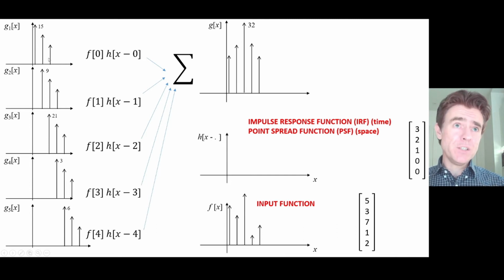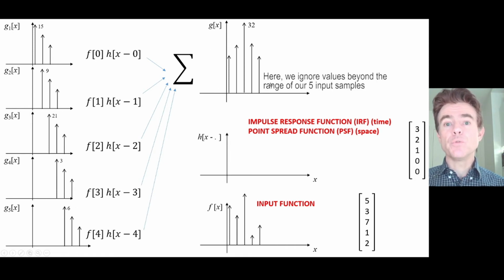And if you add together, so you just basically look at G1, G2, G3, all the way up to G5, and all you do is just scan down here and just add up the net result of the delta functions as you go. So if you add that one to that one to that one to that one to that one, just a very simple bit of addition, then you end up with this overall output, which is the output of the convolution, that is the convolved result, g of x.